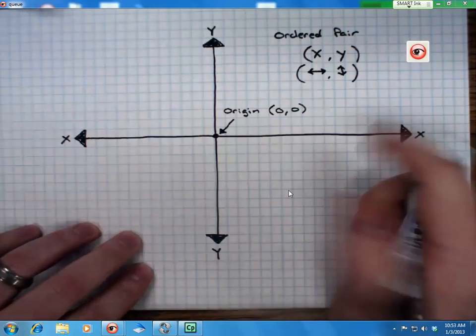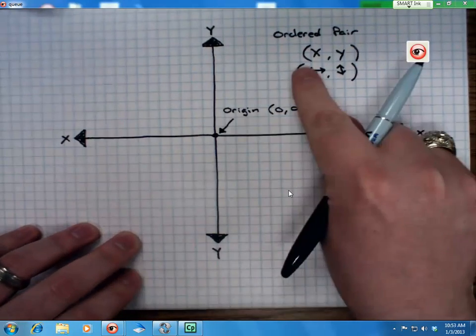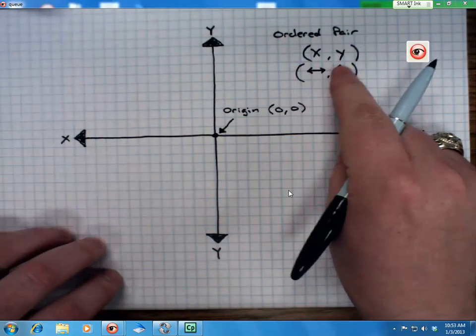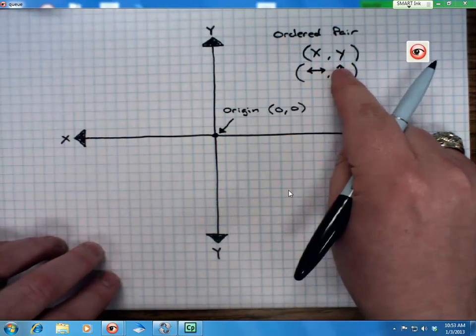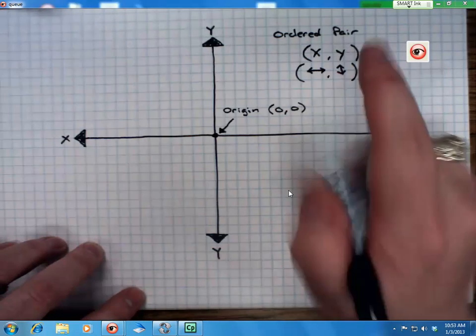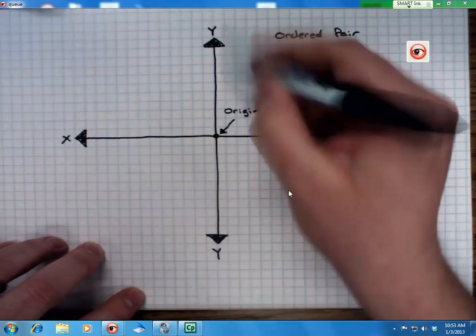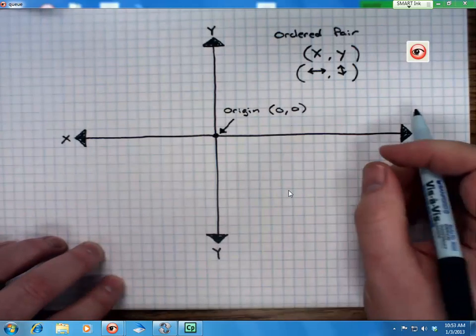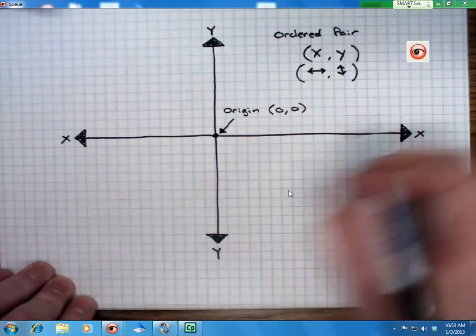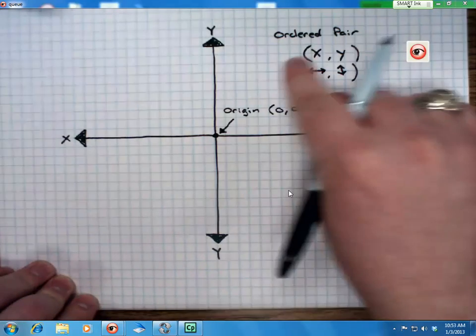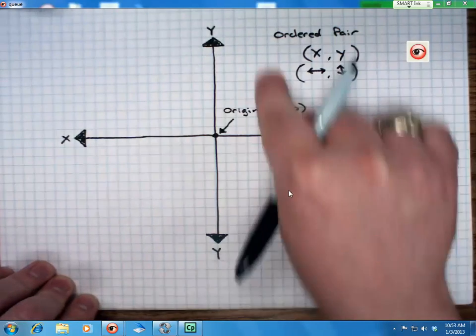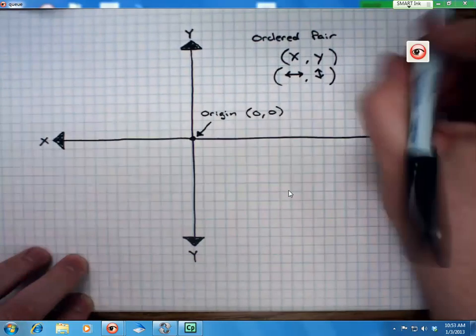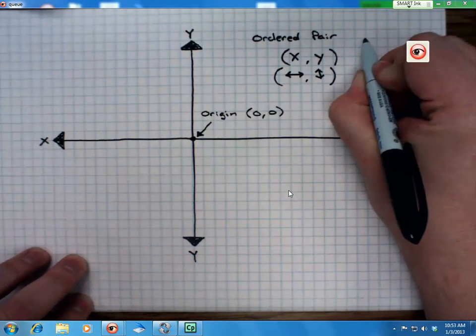Okay? Now, it also is important to realize where your positives and negatives are. Remember, your positives are going to be up and to the right, and your negatives are going to be down and to the left. So up here, if we were to graph an ordered pair over here, both of our ordered pairs would be positive.